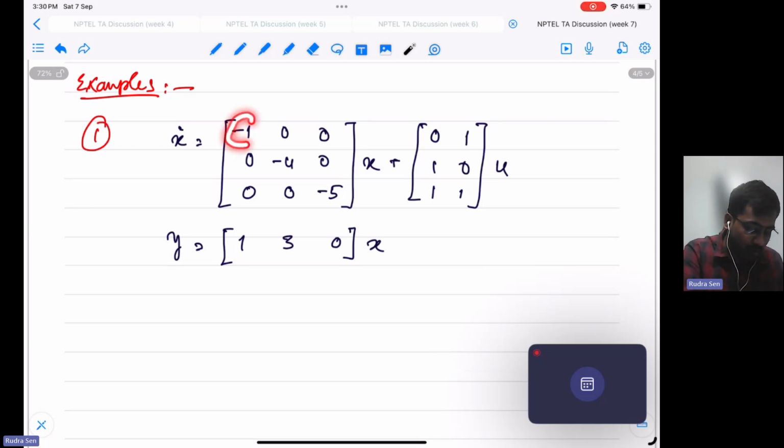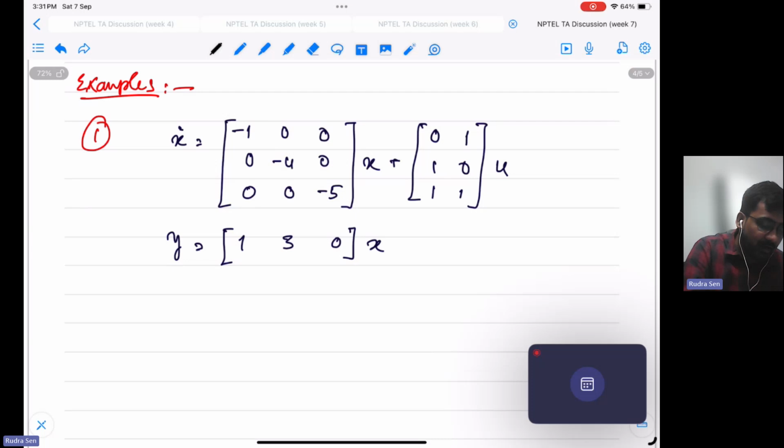The column corresponding to -1 is 1, which is non-zero. The column corresponding to -4 is 3, which is non-zero. But the column corresponding to -5 is 0. That means we can observe state 1 and state 2, but we cannot observe state 3.